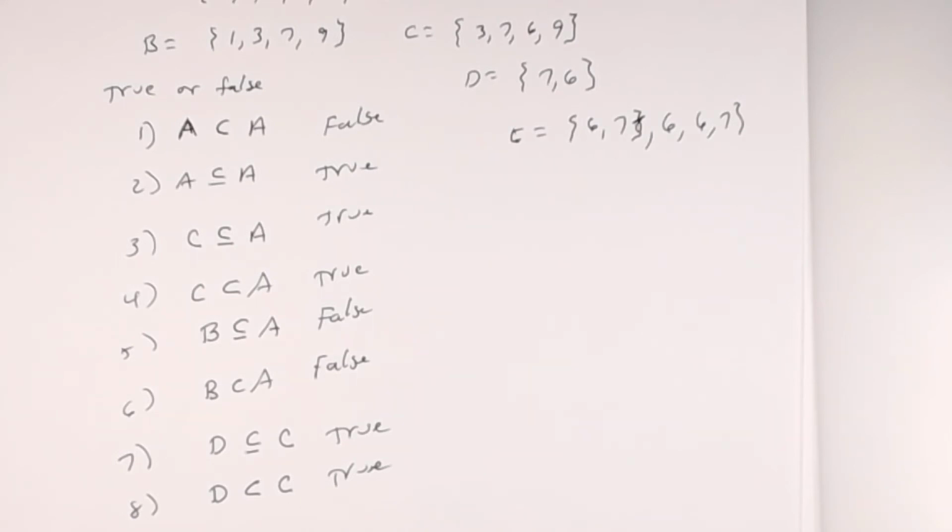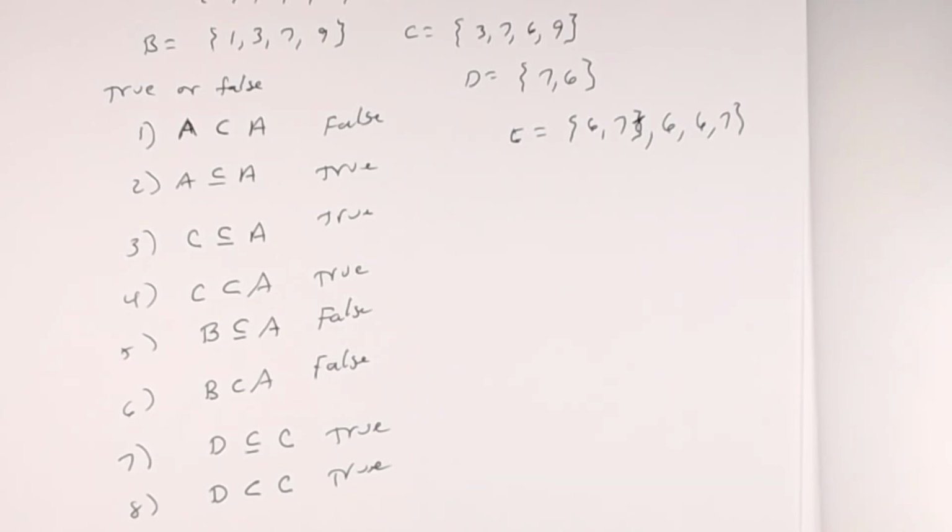Okay, let's go back to the question. What is the cardinality of set E? Answer me, come on. What is the definition of cardinality? The number of elements in the set, yes.